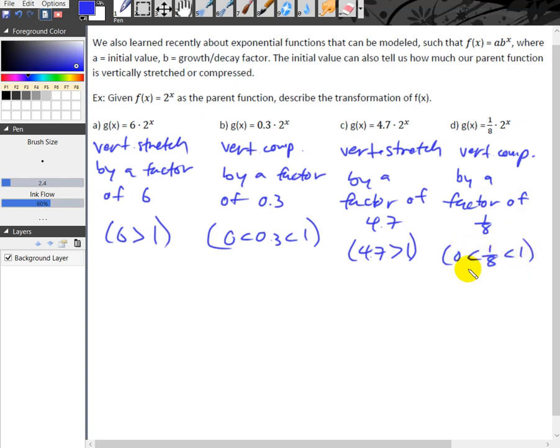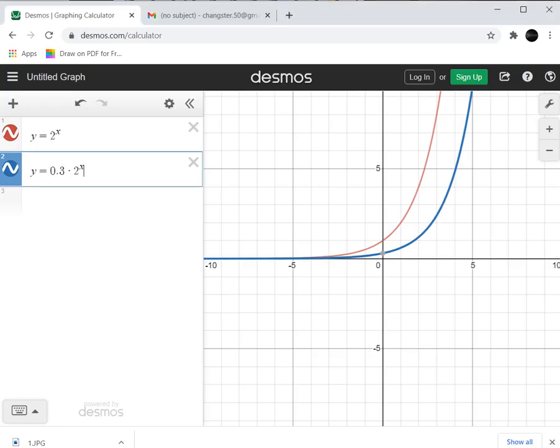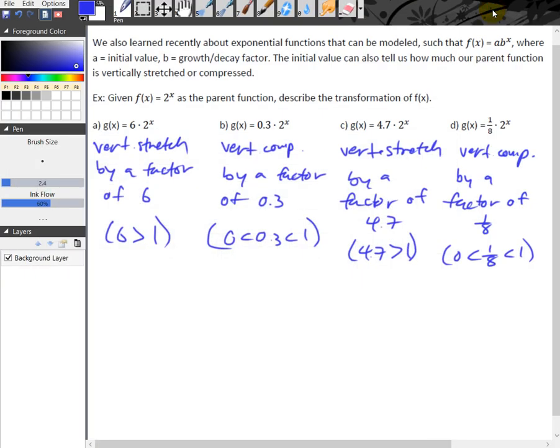Another question that I see some of you might be asking is, as you can see if you look at the graph here, all of these functions still represent exponential growth. That's true, because all we're doing is vertically stretching or compressing the graph. The number on the inside, these 2's, is greater than 1, so by default that represents exponential growth.